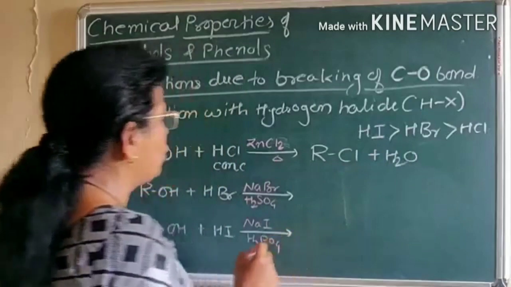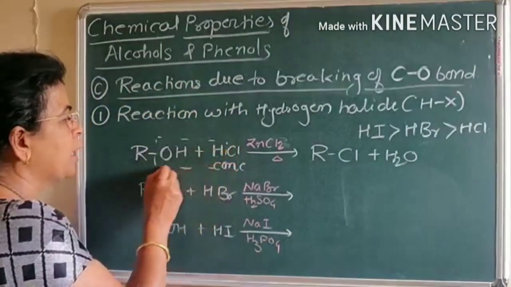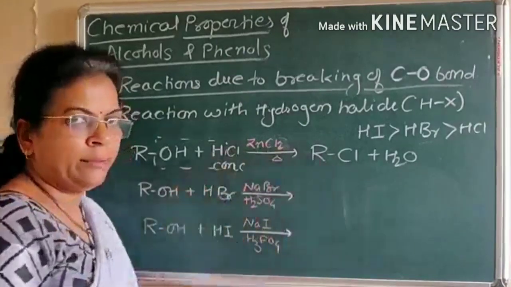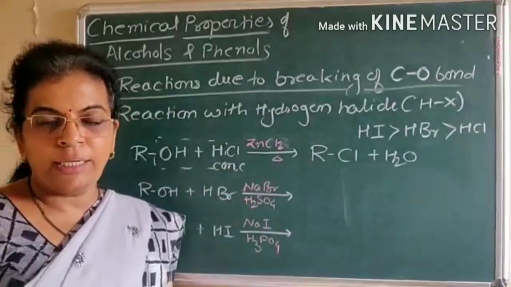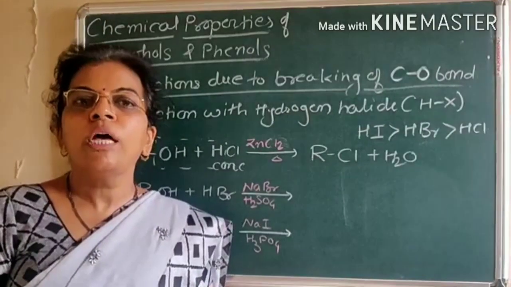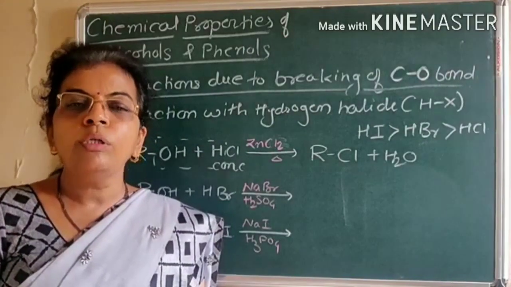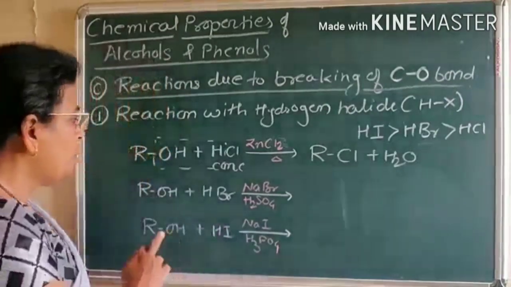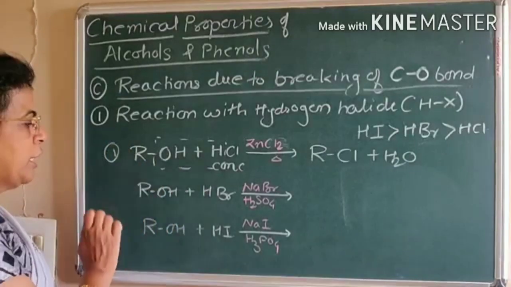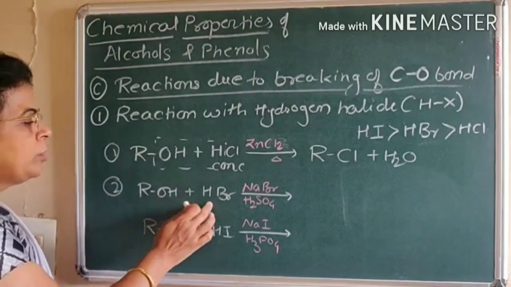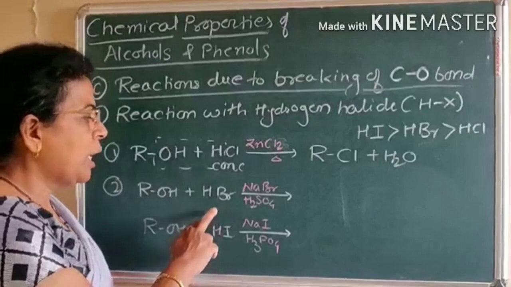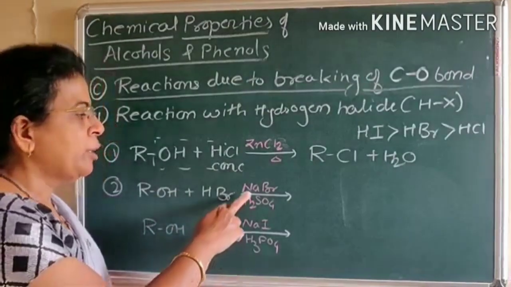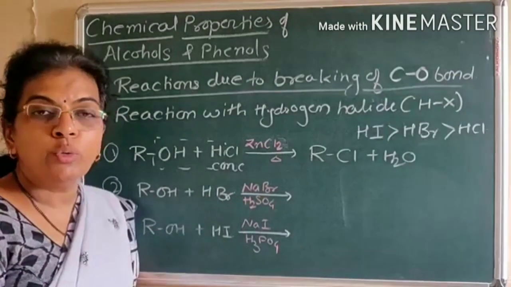That is, alkyl chloride is obtained. Here a mole of H2O is removed and the hydroxy group is substituted by chlorine to form alkyl halide. We have seen last time that tertiary alcohols are more reactive than secondary alcohols, and secondary alcohols are more reactive than primary alcohols. This is the first, with HCl. Then second, when alcohols are treated with HBr. Now this HBr is unstable, therefore it is prepared at the time of reaction in the presence of NaBr and H2SO4.